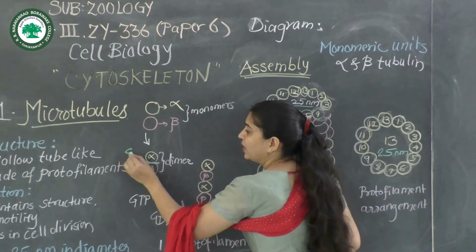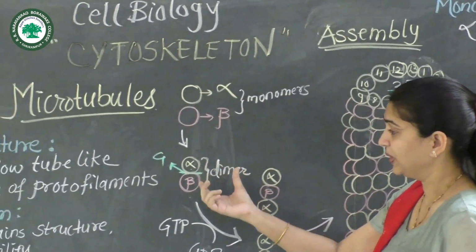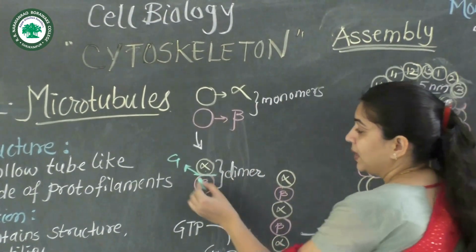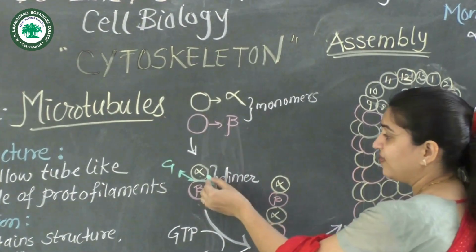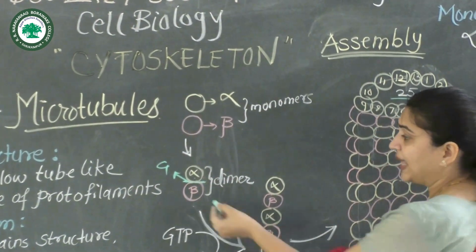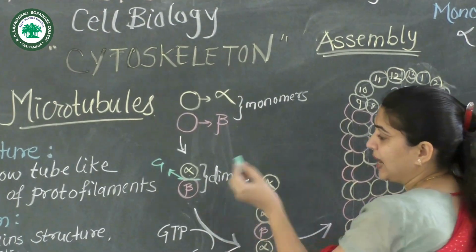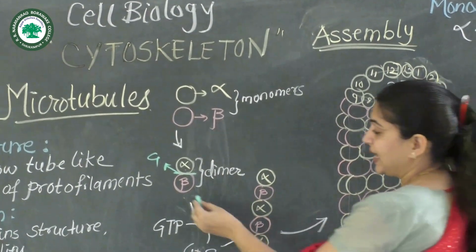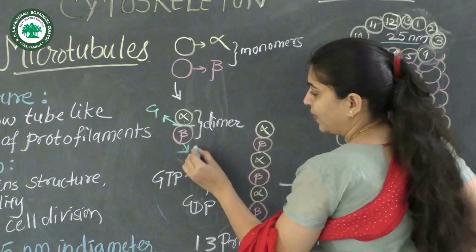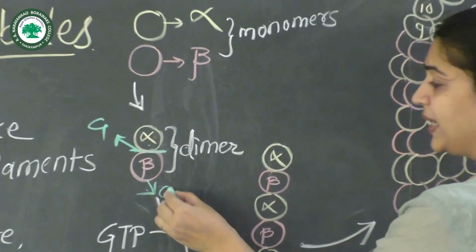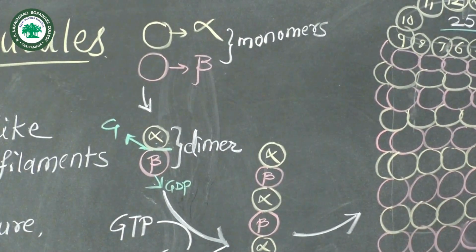After binding of guanine to the alpha unit, it becomes active and then it joins the other monomer called the beta subunit. At the beta subunit, there is a site for hydrolysis where GTP is converted to GDP.